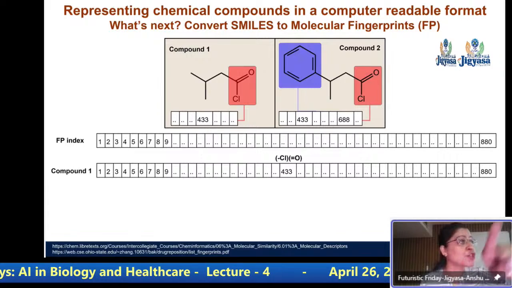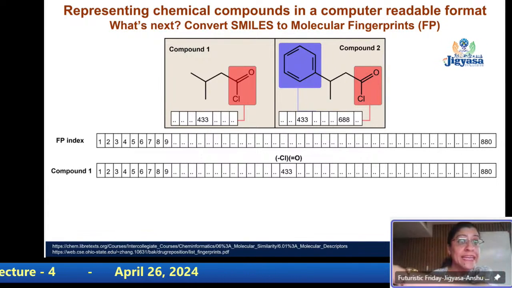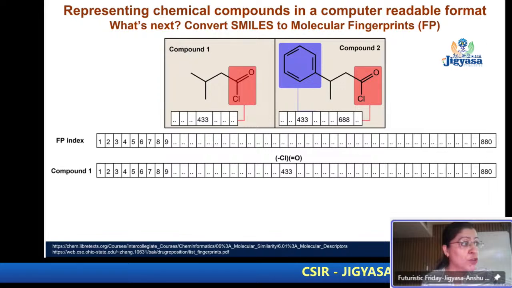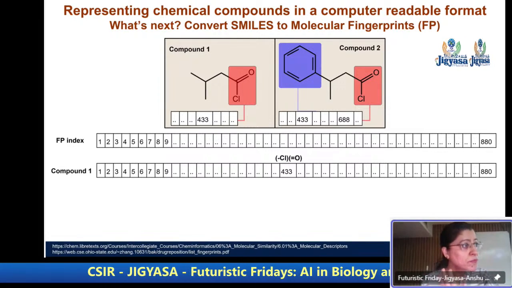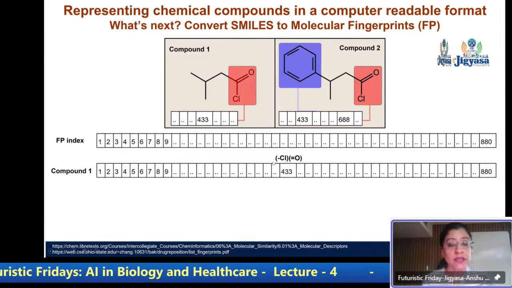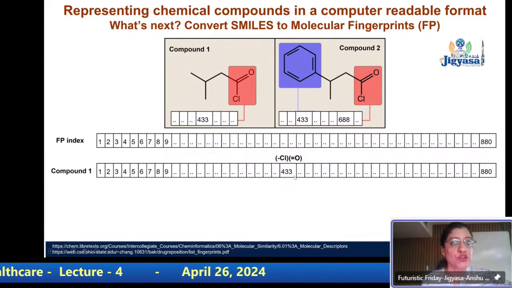At third position, Z function will come. So they have identified 1 to 880 different small functions, functional groups actually, that can appear, and each functional group is given a number in that index. Clear? Which actually tells you that in compound 1 at 433 position is where it will say, okay, I have found that functional group.